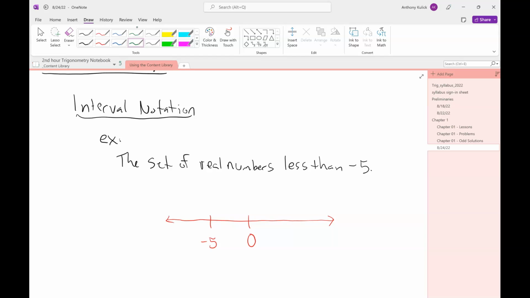So when I draw this set now, is -5 a number that's less than -5? No. So I would use an open circle to indicate that -5 is not included. And then should I be drawing an arrow to the left or to the right? To the left, because those are the numbers that are less than -5, they all live in that direction.